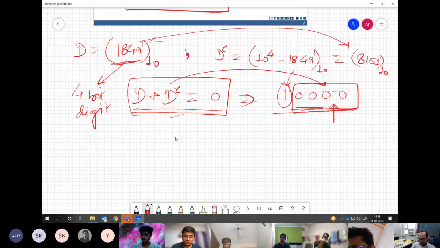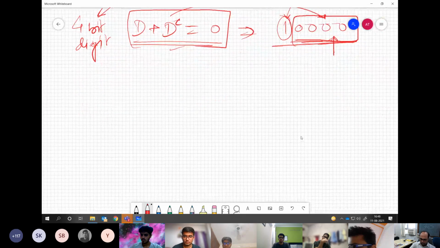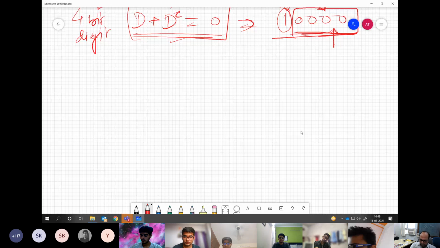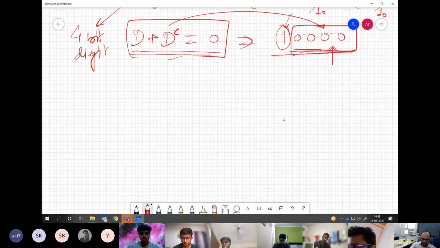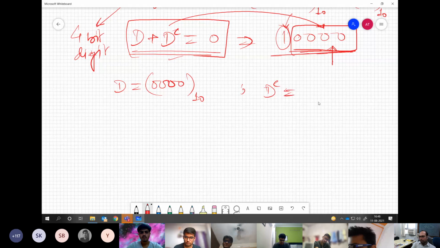Now there are better ways to compute. If some very big number is there, you need not take the power and subtract. Nowadays we have calculators, but still there are better ways. One good example would be to compute the complementary of 0. Again, let us say there are 4 significant digits.